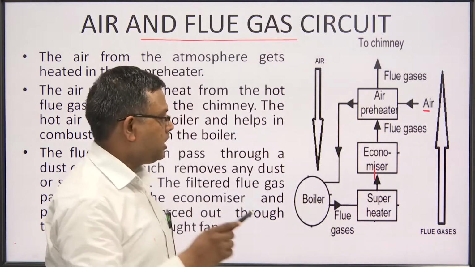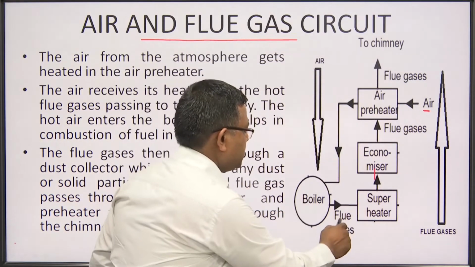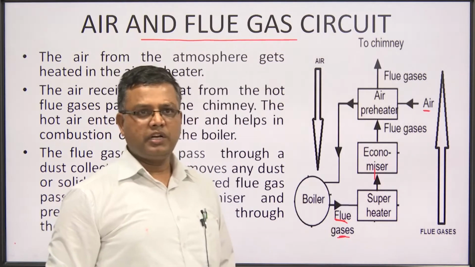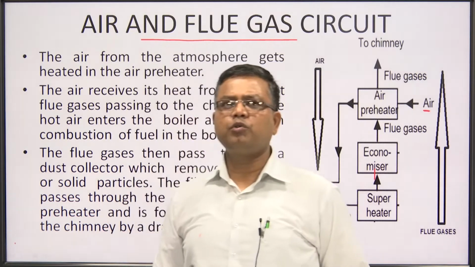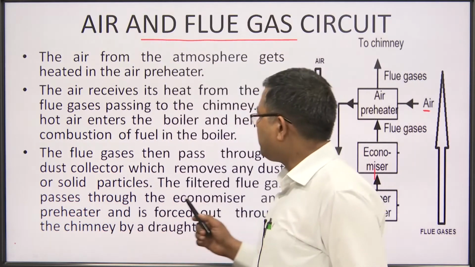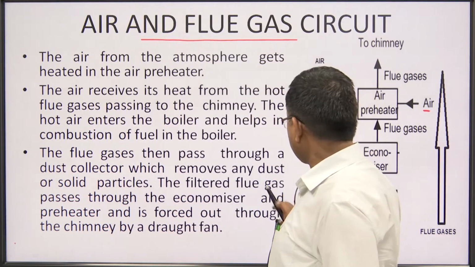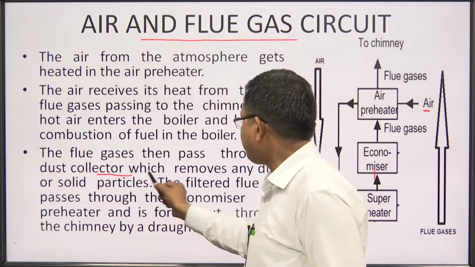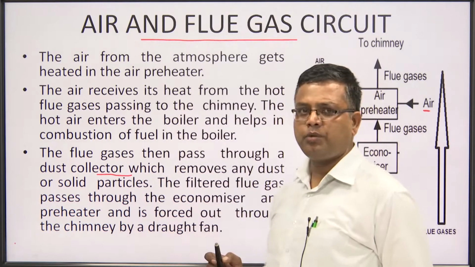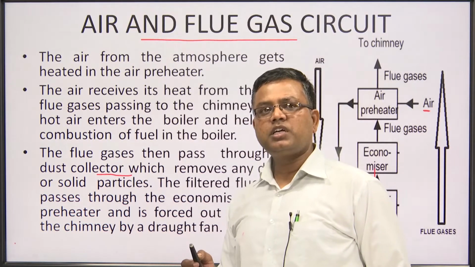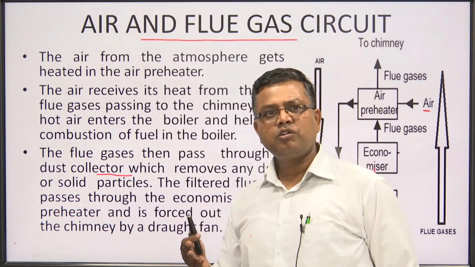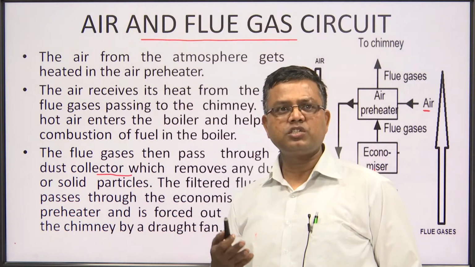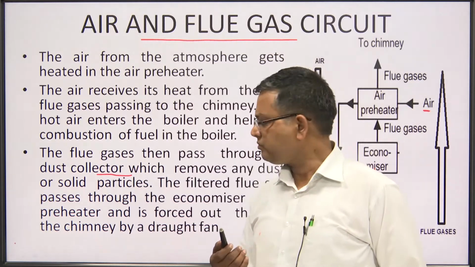But before passing any accessories, these flue gases may have some dust particles which are absorbed from the burning of the coal. So, before passing through any accessories, the flue gases pass through a dust collector which removes any dust or solid particles, because if dust particles are allowed to pass through the accessories, they may choke the accessory and reduce its efficiency.